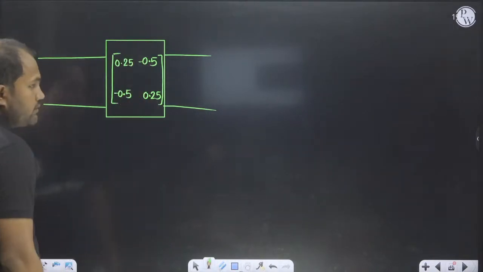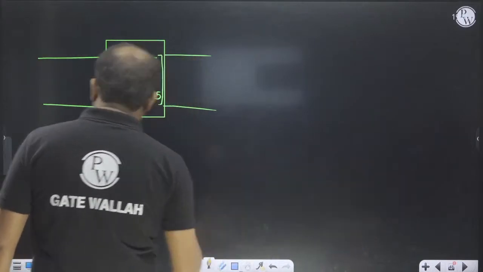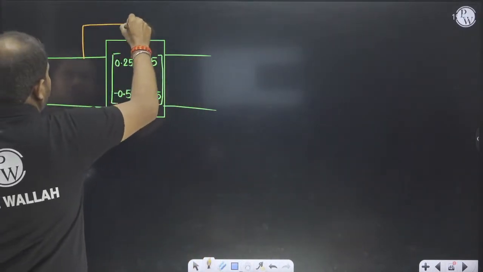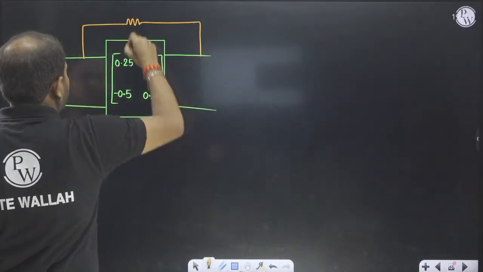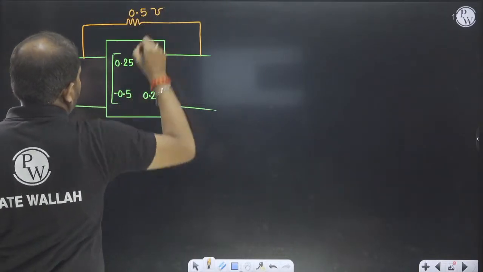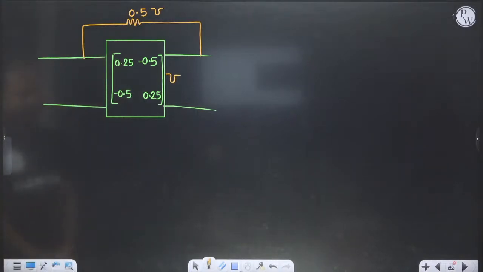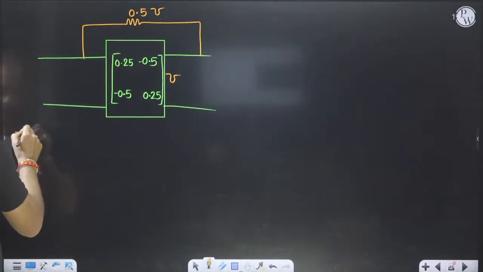So this is our Y parameter, and there is a connection like this also. This one is 0.5. Y parameter is given, and they are asking for the equivalent Y parameter.